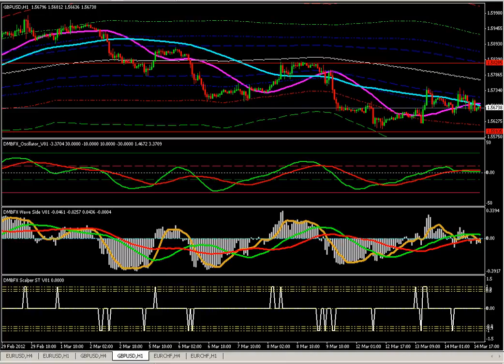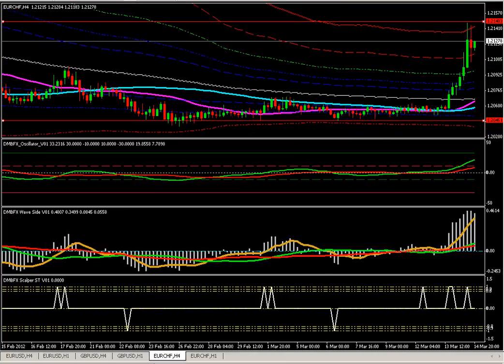If we finally move on to the Euro CHF, pretty stark picture here for the Euro CHF. It pretty much had a massive rally today ahead of the Swiss National Bank interest rate meeting tomorrow.